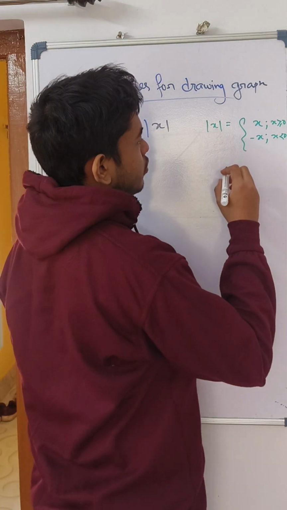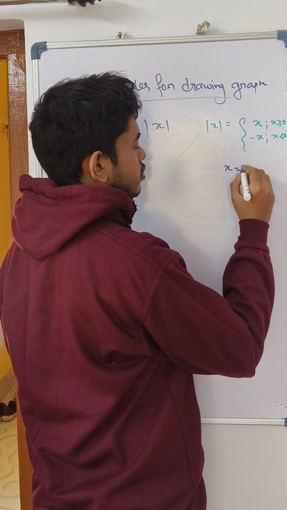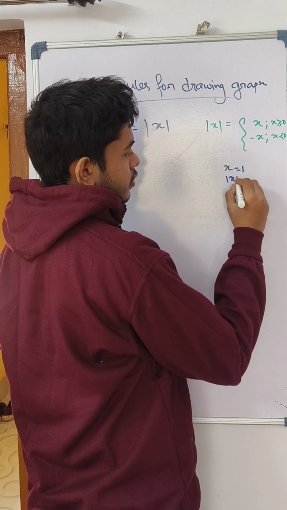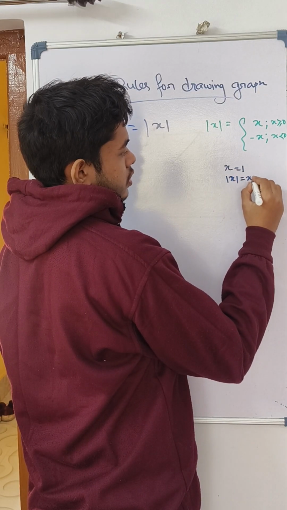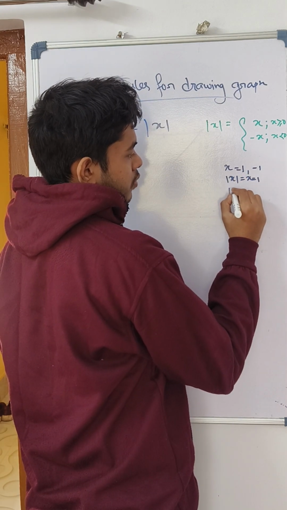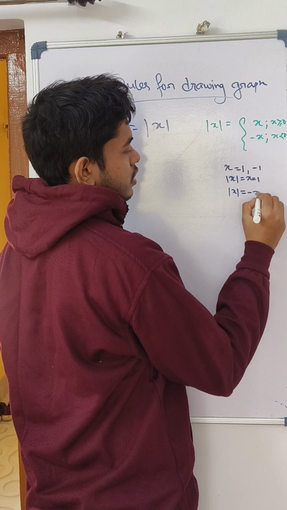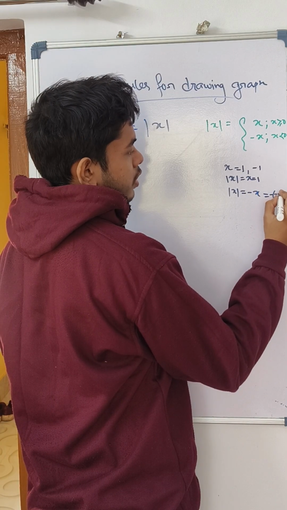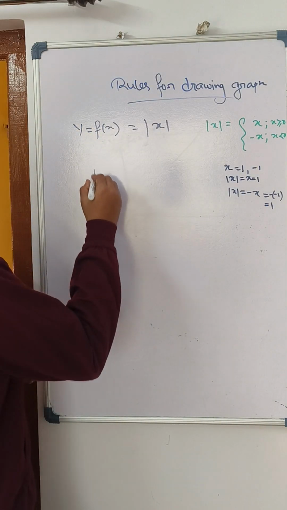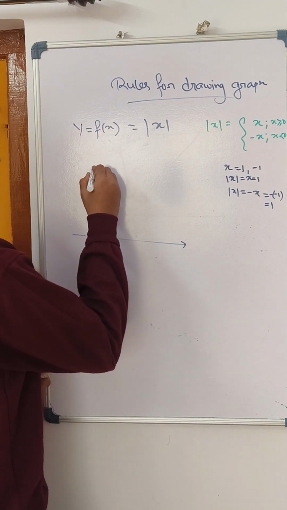Suppose we have x equals 1, then mod x equals x equals 1. If x equals minus 1, mod x equals minus x, which is 1. Okay, so how do we first set up the axis?